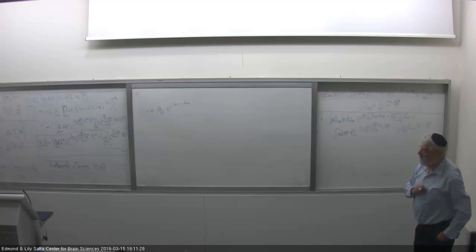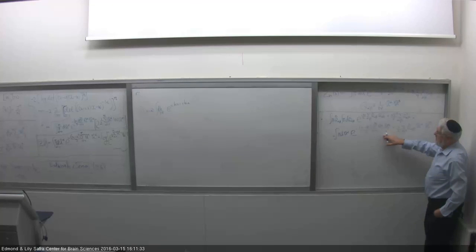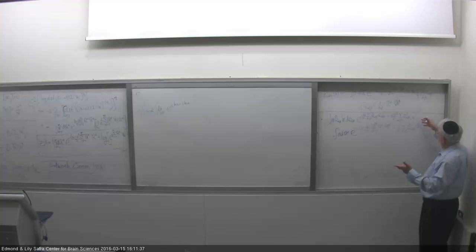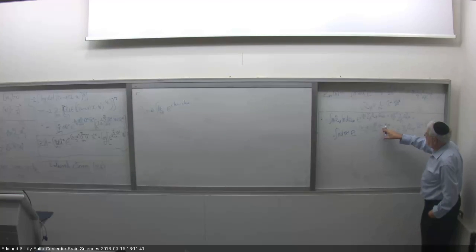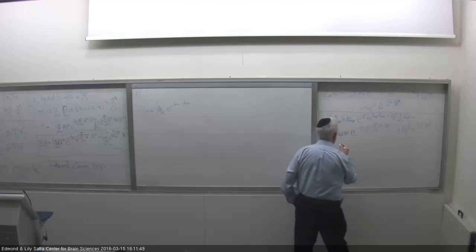Good. But now we are in business, because q and q hat don't depend on u, so now everything is quadratic in u, and moreover it is over I integrals over this vector u.